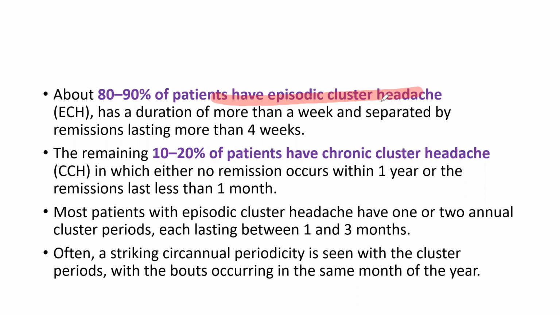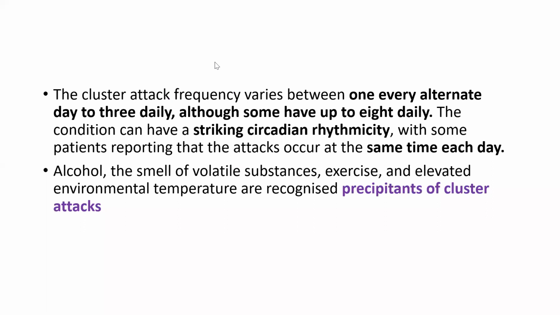Then the patient will have a remission of approximately 4 weeks. This is an episodic cluster headache. This is the most important type. And sometimes the patient has chronic cluster headache or CCH, with a headache duration of 1 year with no remission in between. Or if there is any remission, the remission must be less than 1 month. That is not something we strictly need to know. The most important thing you need to know is that there will be a cluster.